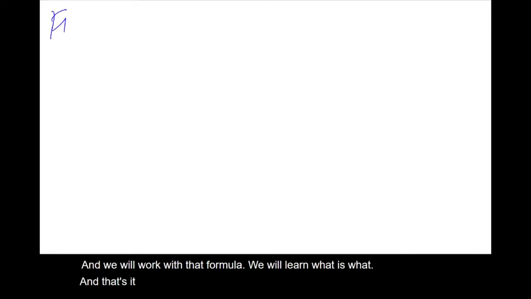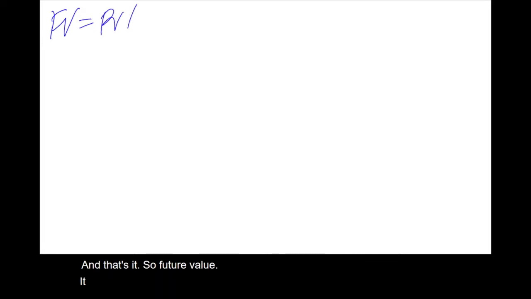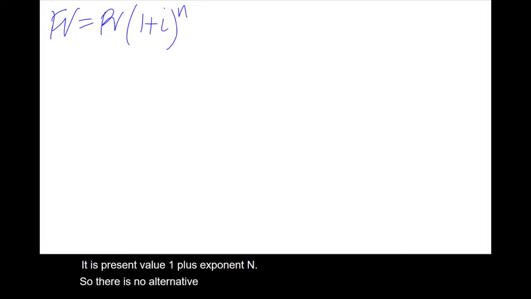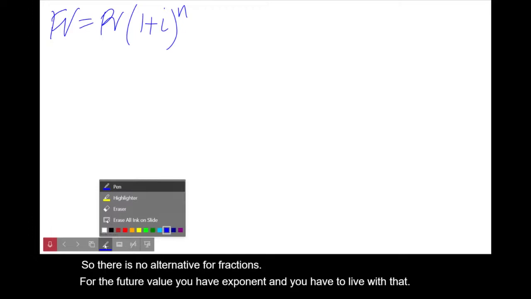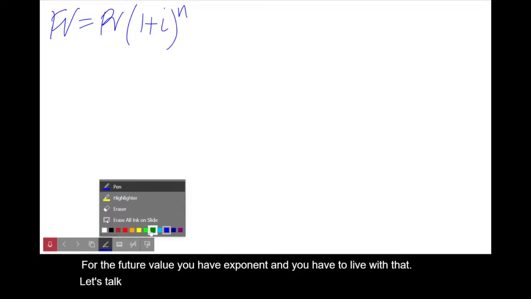So future value is present value times 1 plus i, exponent n. Now there is no alternative for fractions for the future value. You have an exponent and you have to live with that. Now let's talk about components here.